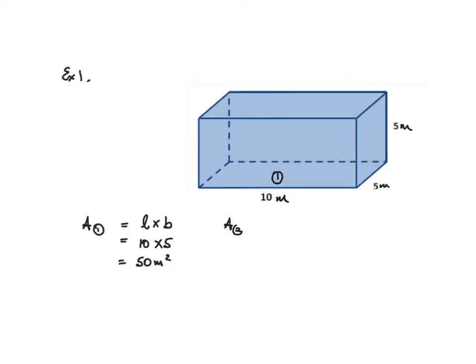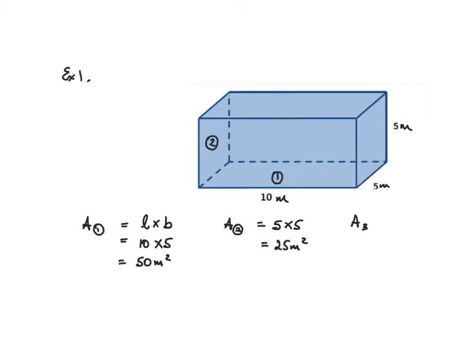Area 2, well, we could make area 2 the left hand face. So that's length times breadth. Now the right hand face has dimensions 5 by 5, so 5 times 5 is 25 metres squared.